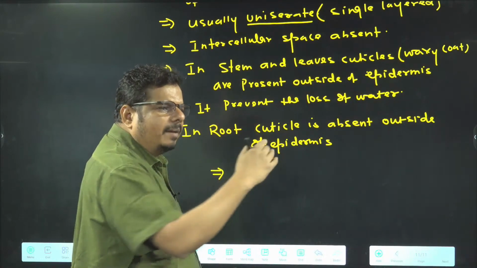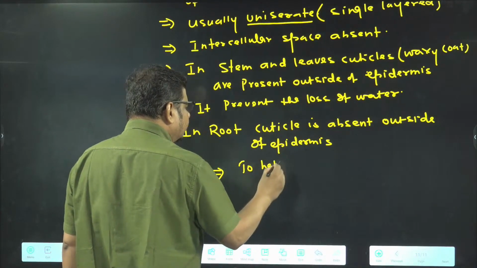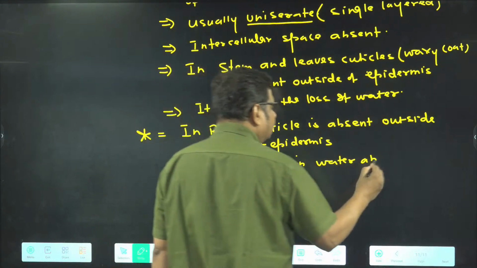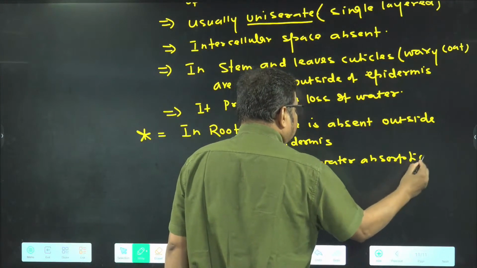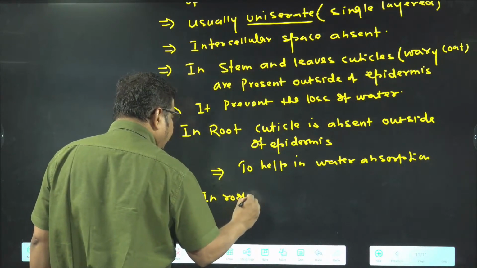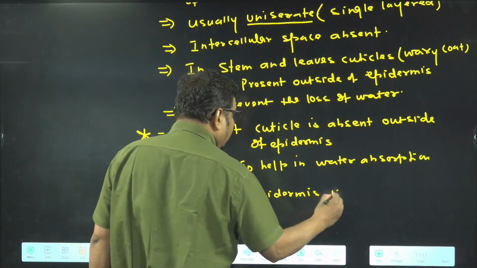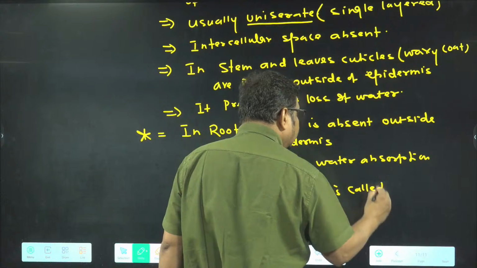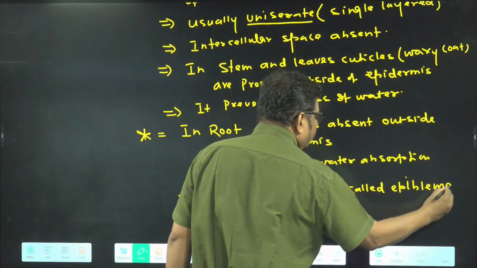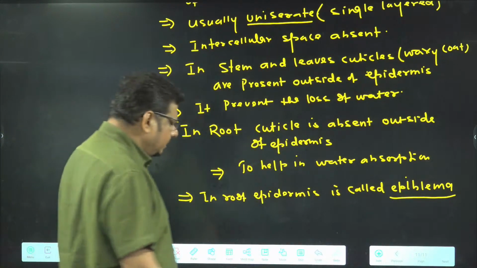Water cannot come. So to help in which one? Water absorption. In root, epidermis is called epiblema. Getting the idea? Is it clear?